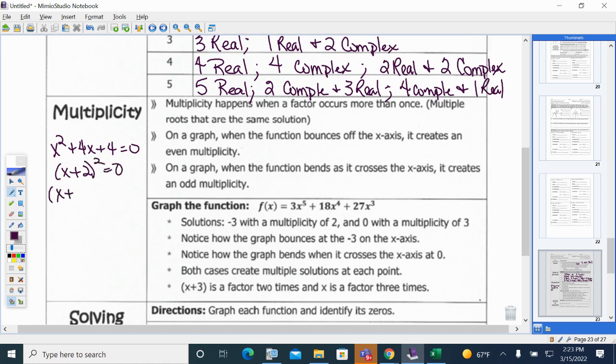Or some of you would have written (x plus 2) times (x plus 2), right? So when you solve that, you get the same solution, which means you just have one solution. So that means that there are multiple solutions. Negative 2 happens twice. It occurs twice.